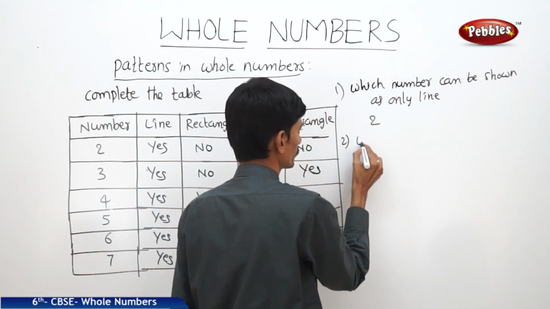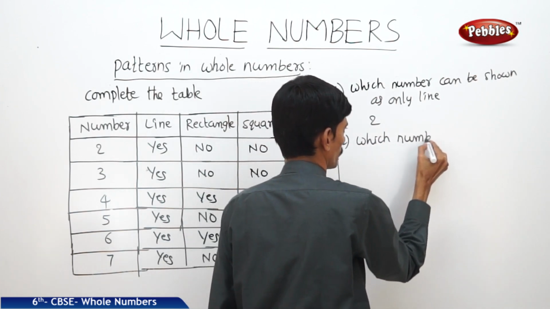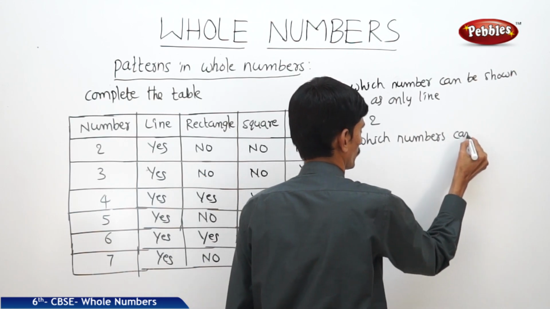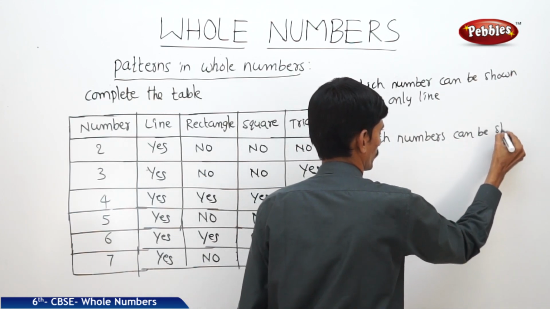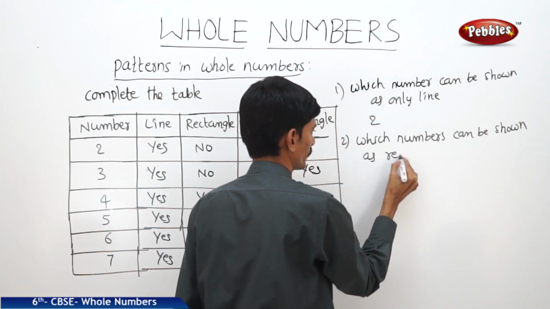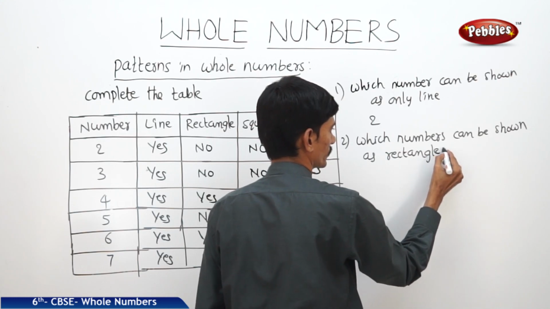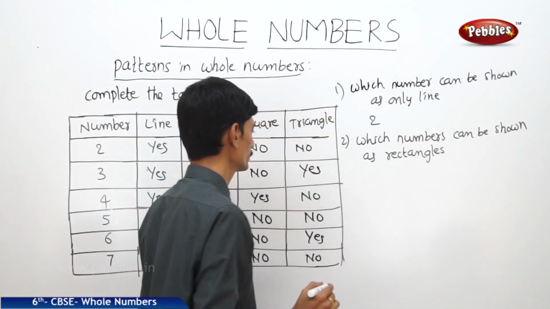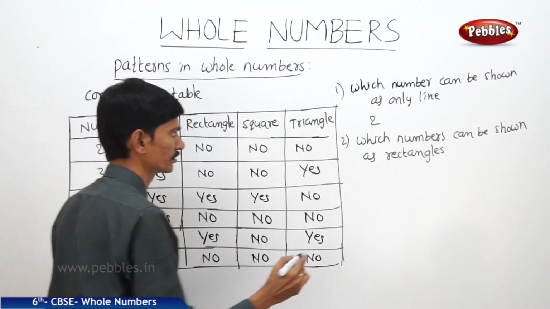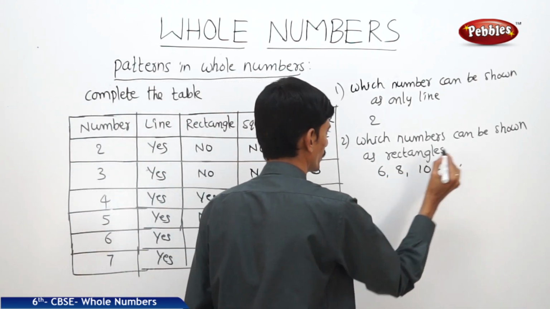And which numbers can be shown as rectangles? So the numbers which are shown as rectangles are 6, 8, 10 and so on.